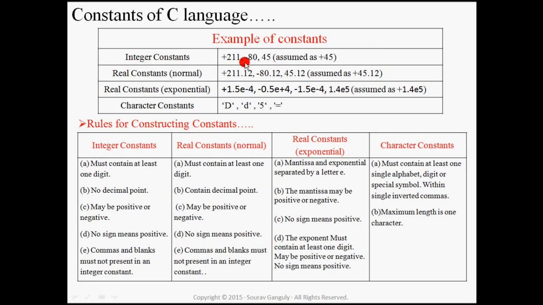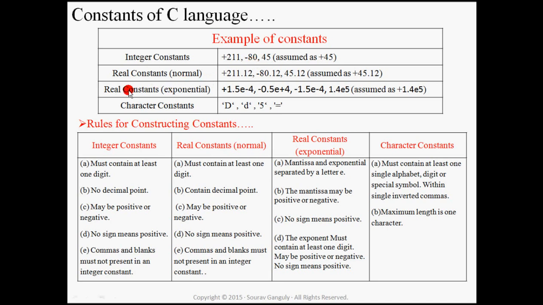Integer constant, for example 45. We know the value of 45 is 45, so 45 is an integer constant. If no sign is present here, then we assume that it is plus 45. In the same manner, minus 80 and plus 211 are all integer constants.